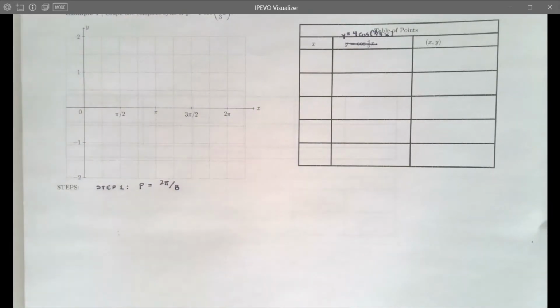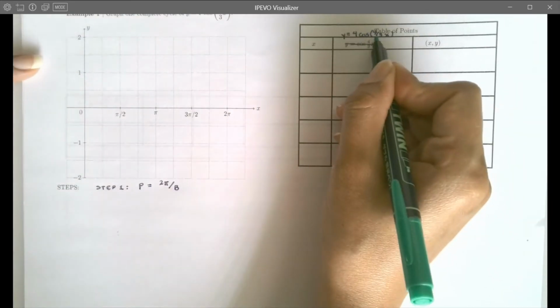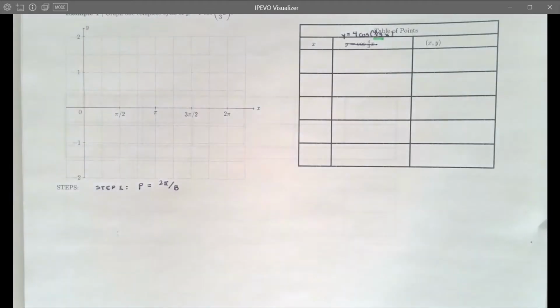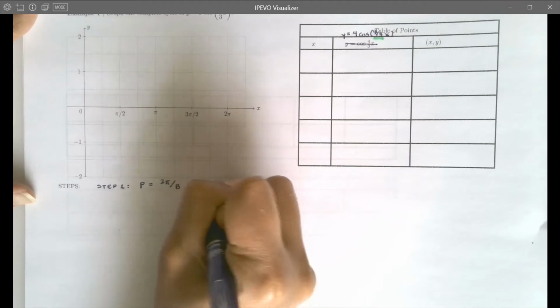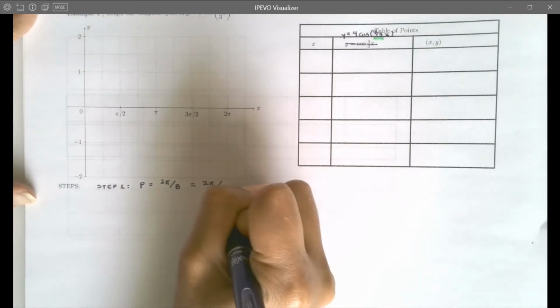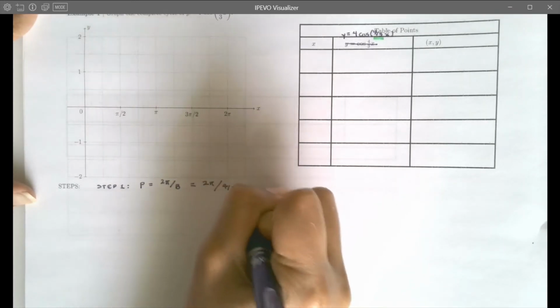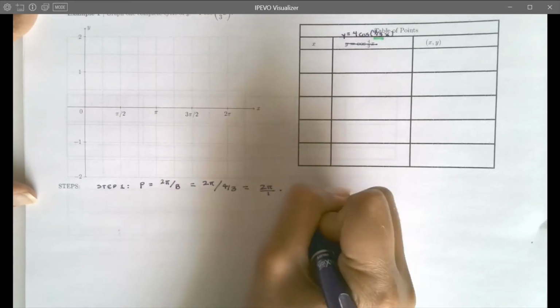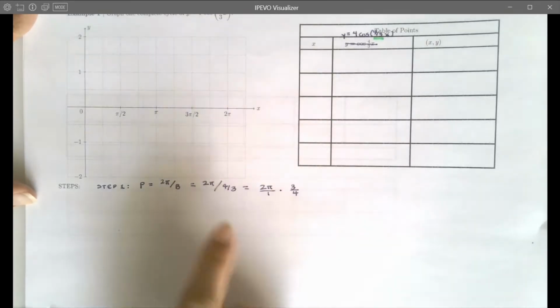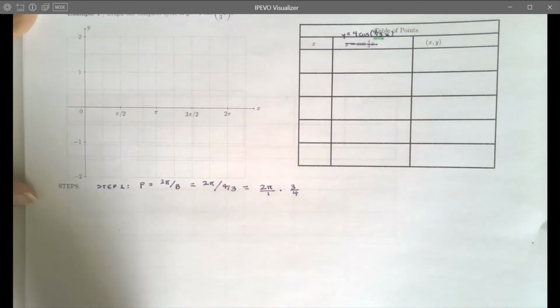And b is the coefficient of x always, which is this 4/3. So the period is 2 pi over 4/3, which is 2 pi over 1 times 3 over 4, because we're simply multiplying by the reciprocal of 4/3.